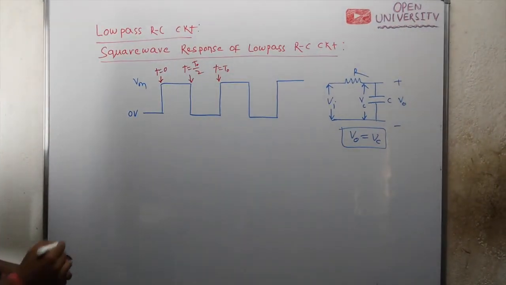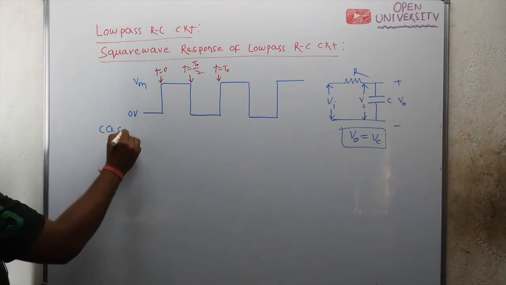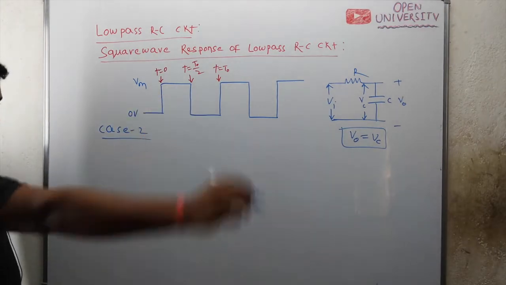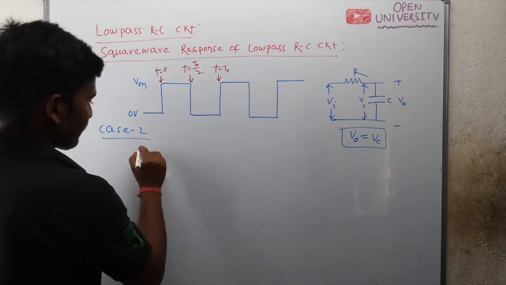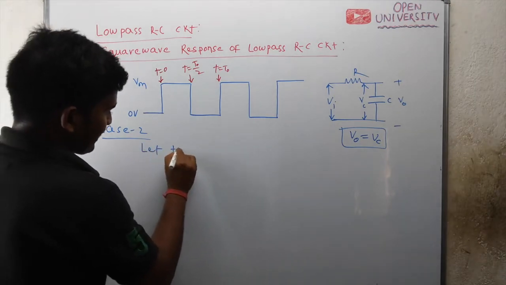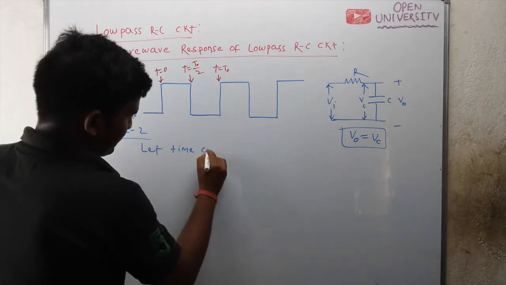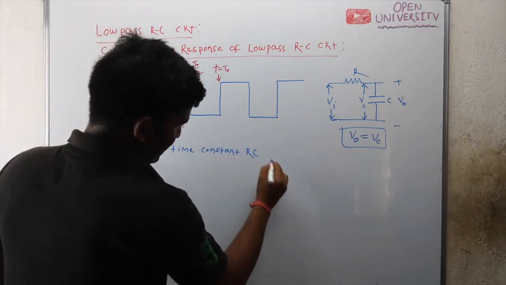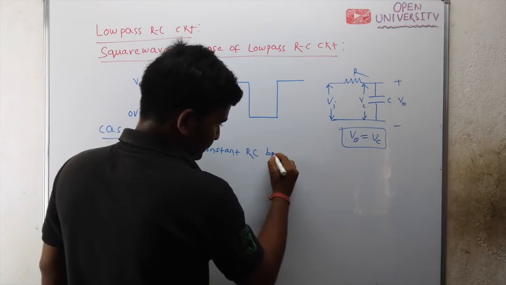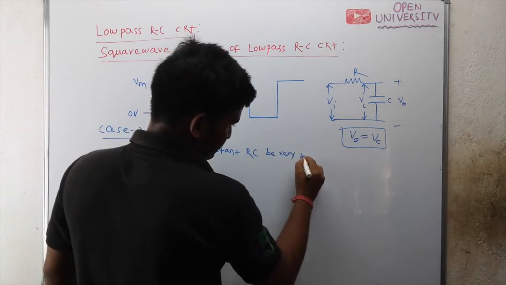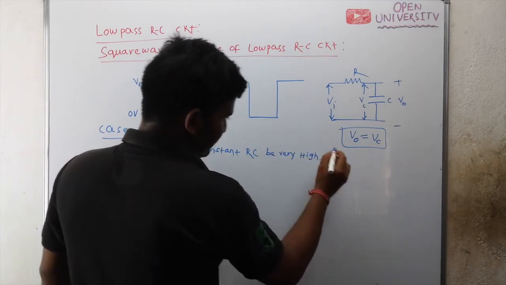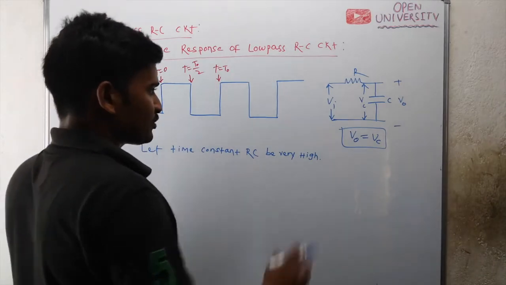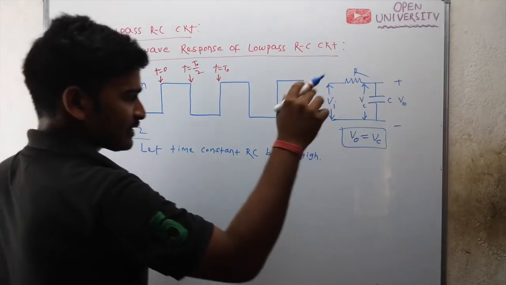Now move to the case 2. Let the time constant RC be very high. If time constant is very high, so capacitor will charge slowly and discharge slowly.